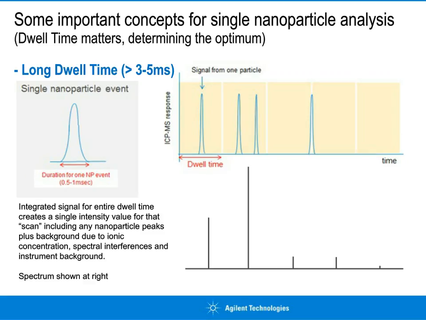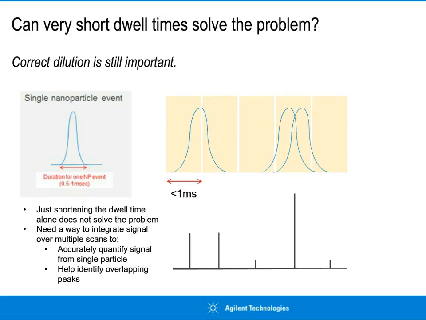So it might seem that if we could shorten the dwell times to very short dwell times, we could solve that problem of multiple peaks eluting during a single scan. So again, in the gray box, I'm showing the same single nanoparticle event around half a millisecond wide, and I'm showing 5 scans in this case that are much less than 1 millisecond.